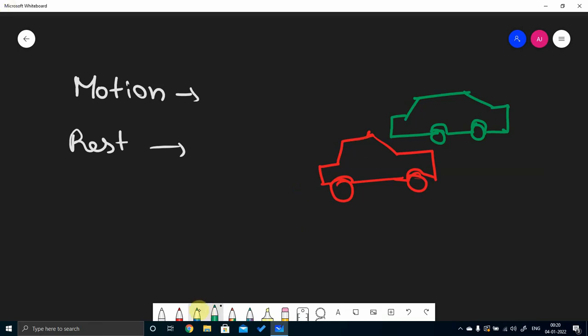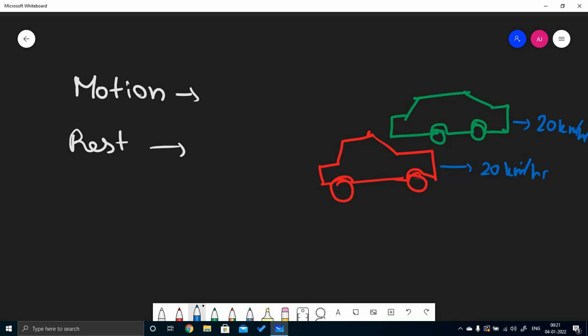Now, if I say that this red car over here is moving with a velocity of 20 kilometers per hour, and let's say this green car is basically moving with the same velocity, 20 kilometers per hour. Now, I guess you would have noticed that when you're on a highway and you're speeding your car at, let's say, 100 kilometers per hour, 120 kilometers per hour, more than that, it's kind of unsafe.